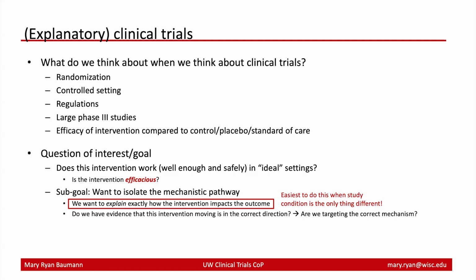Basically, are we targeting the correct mechanism to influence our outcome, or are we just totally off on a completely different path? And so those can be the two questions and goals that we are looking at for an explanatory trial. We're trying to explain this connection, this path.